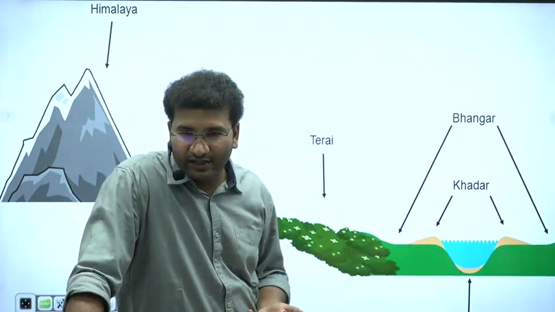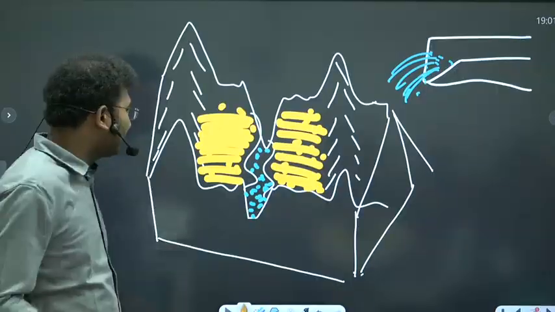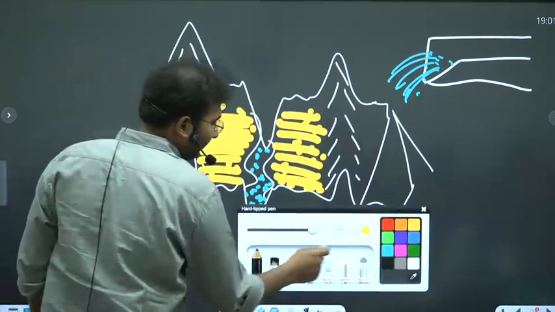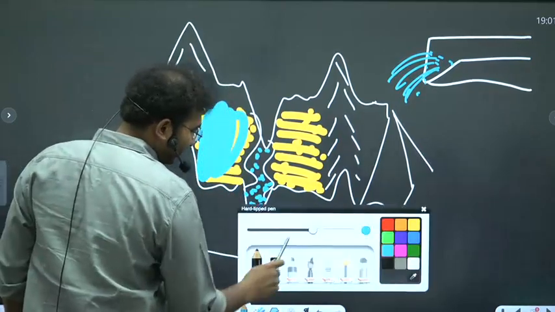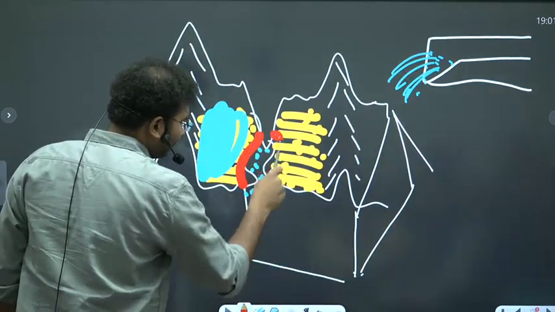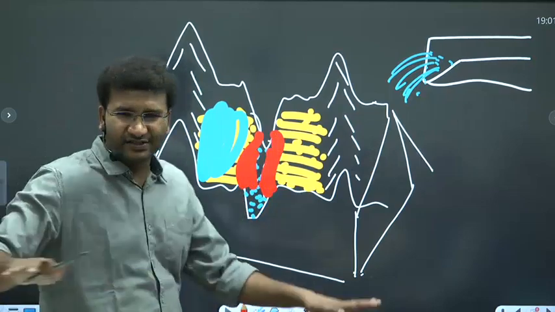There is old alluvial soil and new alluvial soil. Now what is old alluvial soil? Old alluvial soil is the soil which is formed here. Basically, this is all old alluvial soil. But next to the river, every year new soil is being formed, just next to the river valley.